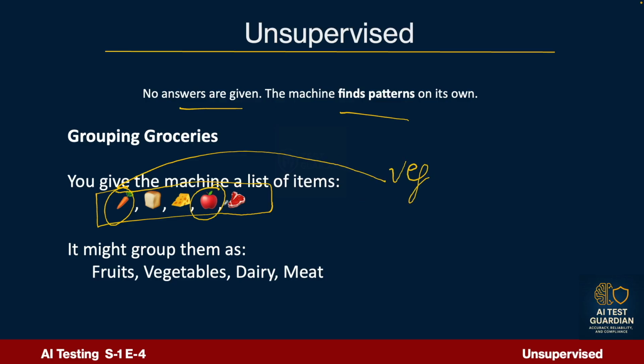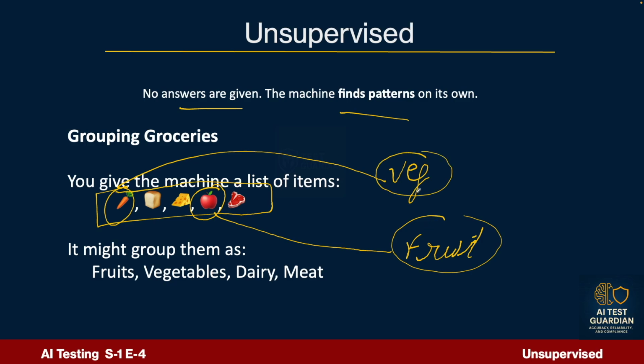And this is an apple, so that looks like a fruit to me. So this is how it makes different groupings. Whatever the vegetables or fruits are will go into this category. It is making these groups, or we can call them clusters. For the meat, it is going to create a new group. For the cheese and bread, maybe it can create a dairy or grocery group. We are not giving the answers or telling the model what this is. It just starts finding the patterns and then groups them together.